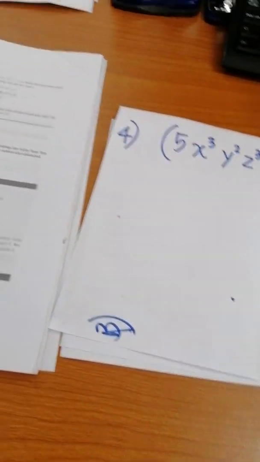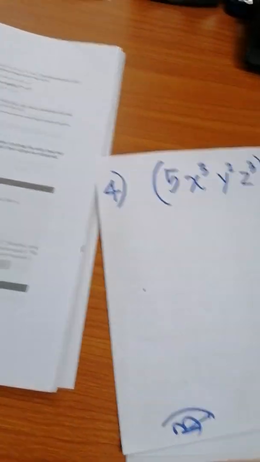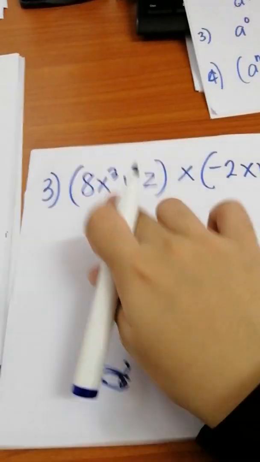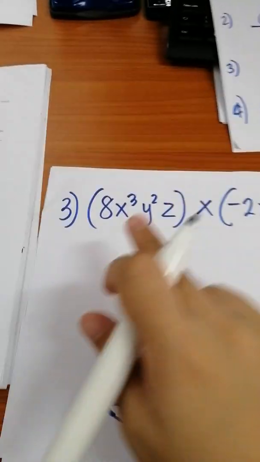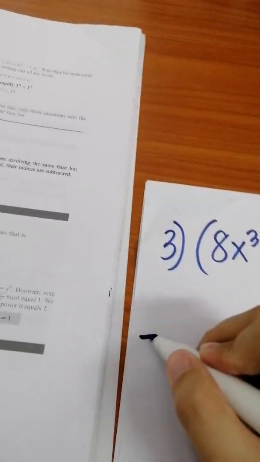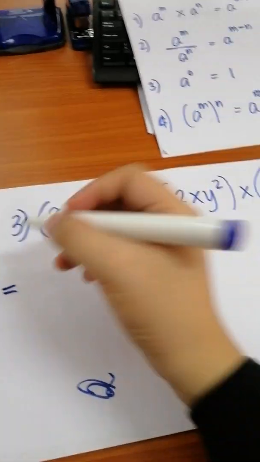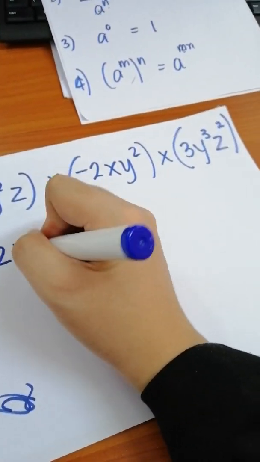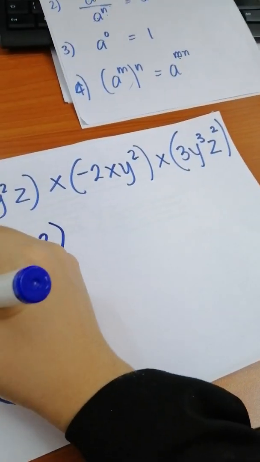Now let us have the next example, example number 3. Here we have 3 terms with all different bases. So let's keep all the numbers together. So this will be 8 into minus 2 into 3. We multiply all numbers together.